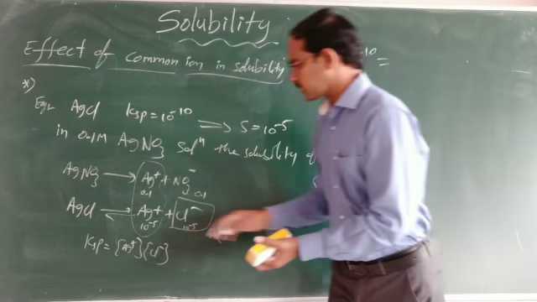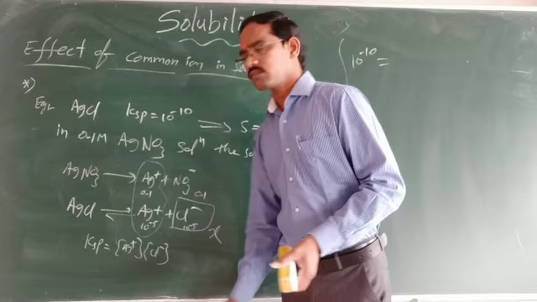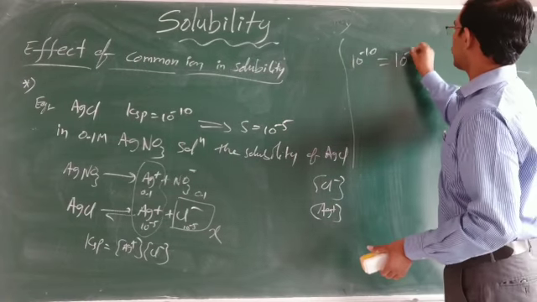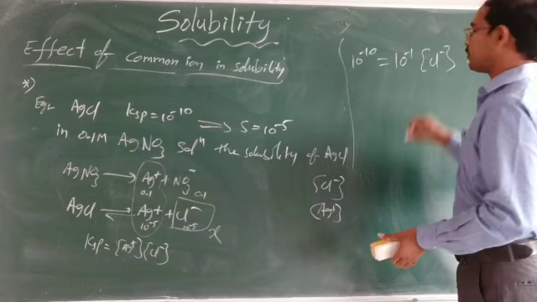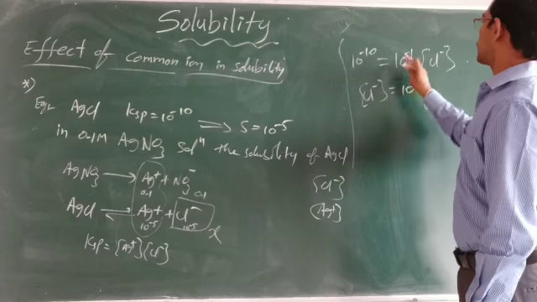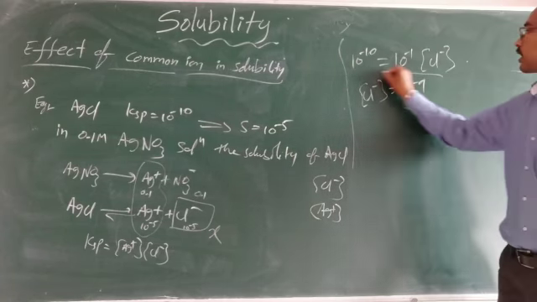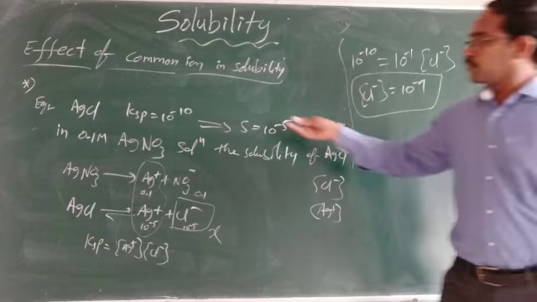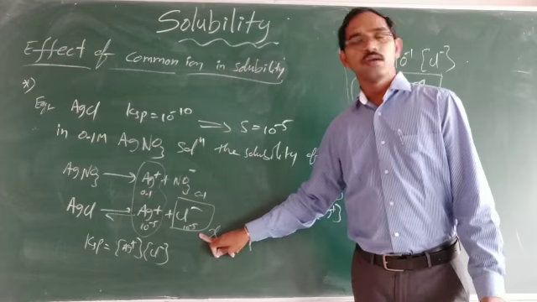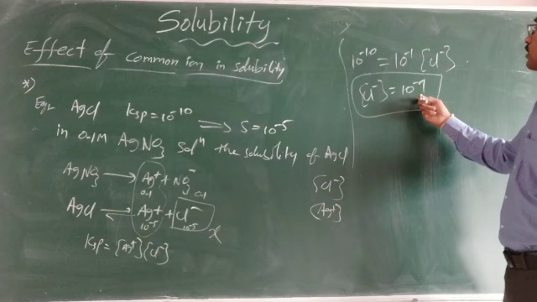Already it was 10 power minus 5, but due to the common ion effect, it is decreasing again. So no need to count it now. Now Ksp equals Ag plus concentration, which is 10 power minus 1, times the Cl minus concentration. That is what we have to calculate. Now the Cl minus ion concentration equals 10 power minus 9. Before adding, the Cl minus ion concentration was 10 power minus 5; by adding 0.1 M AgNO3 it is 10 power minus 9.